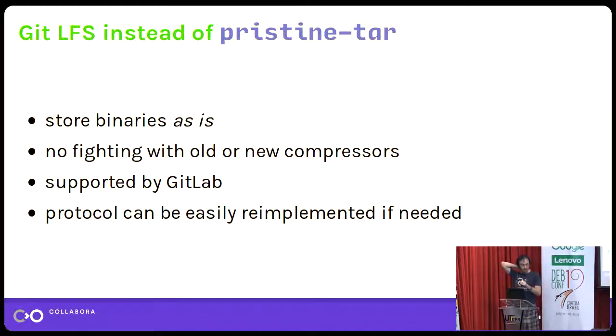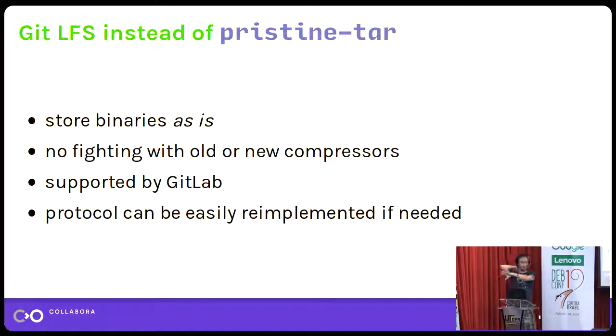What gets committed to the actual Git tree is a small metadata file which has the hash of the file, so that it can be found in this LFS repository. And when you push to the upstream repo, those files get transferred in a separate side channel, basically.